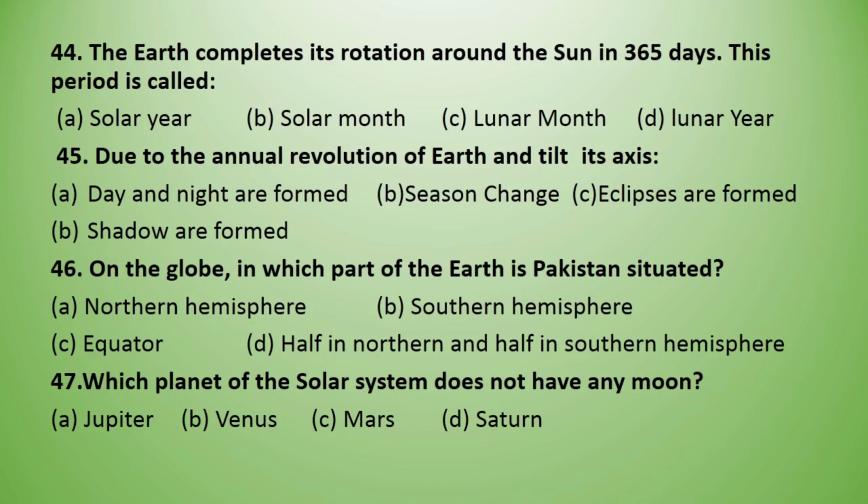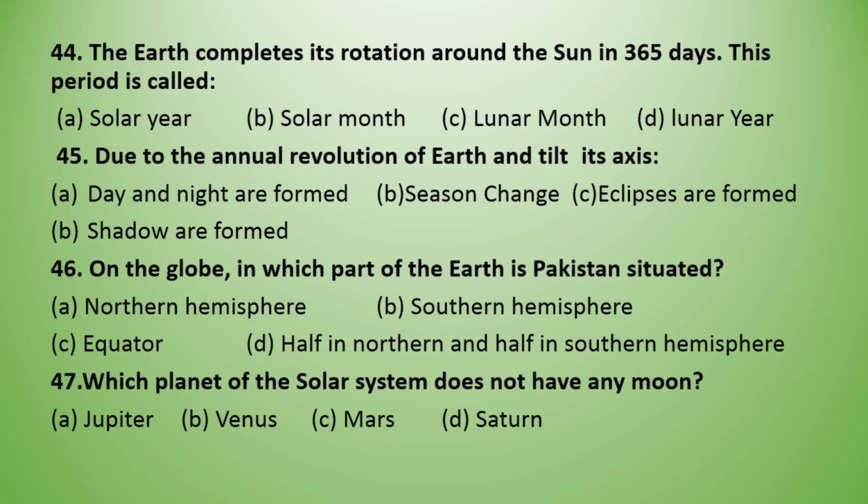44. The Earth completes its rotation around the Sun in 365 days. This period is called A. Solar year. B. Solar month. C. Lunar month. D. Lunar year. Answer is A. Solar year. 45. Due to the annual revolution of Earth and tilt of its axis, ___ are formed. A. Day and night. B. Season change.